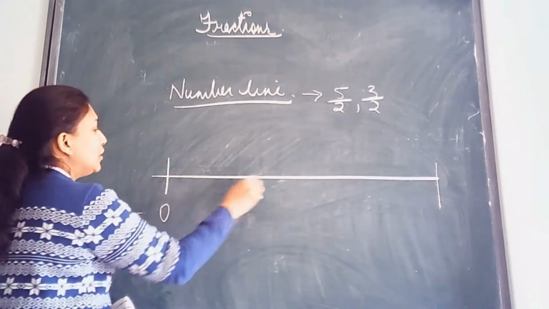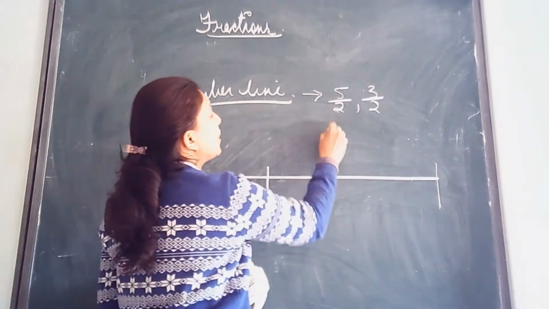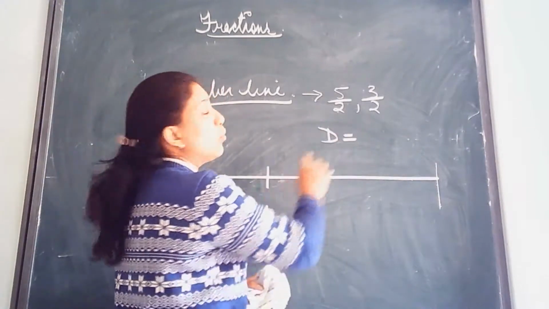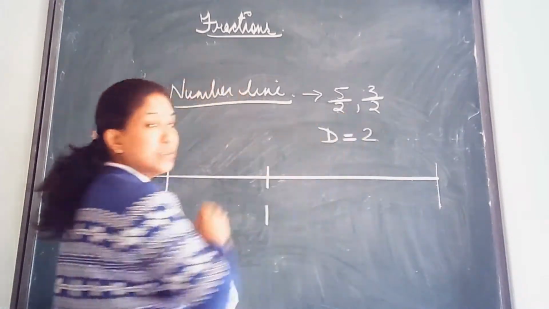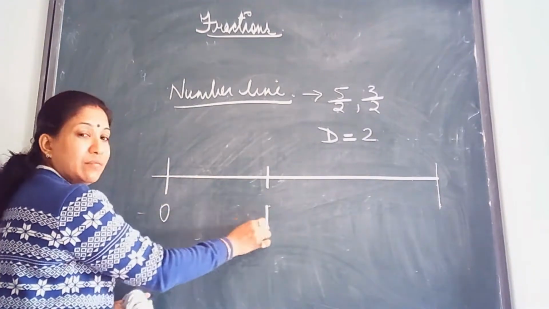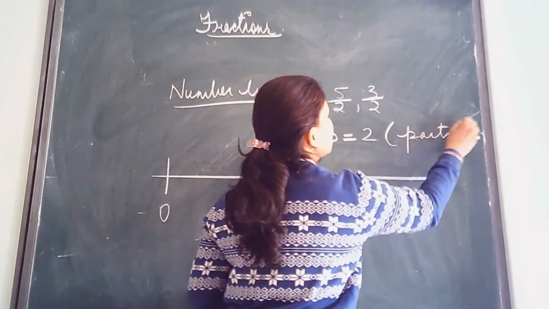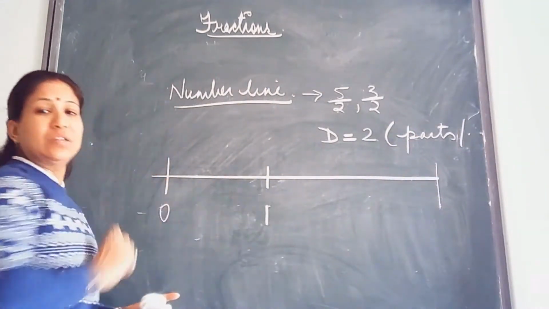Start with 0. After drawing a number line, you check the denominator. What is the number at the denominator? 2. So what will you do? Between 0 and 1, you will make two parts or two sections.